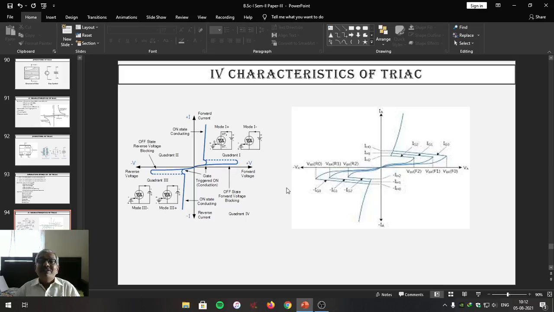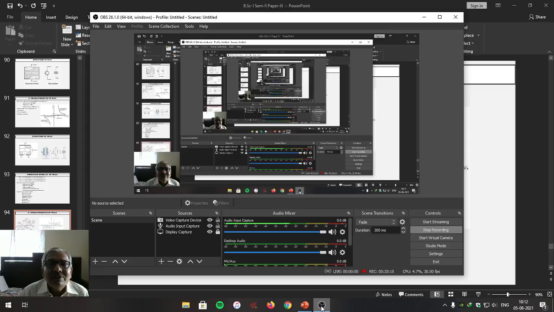And also we studied the applications of the triac. Friends, that's all about the triac we expected to study. Next time we'll go for one of the new semiconducting devices again.